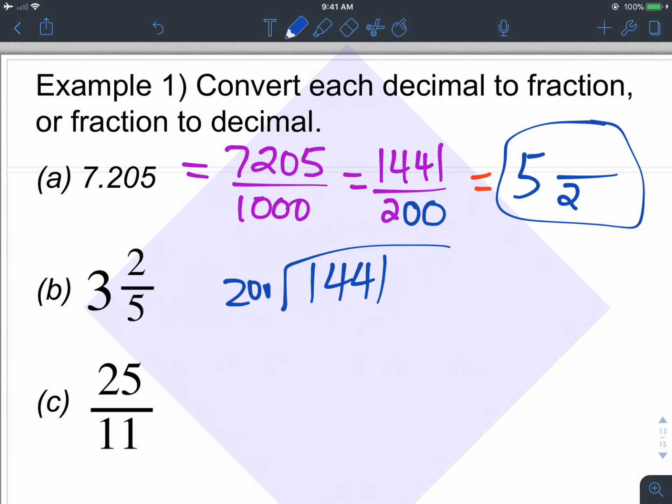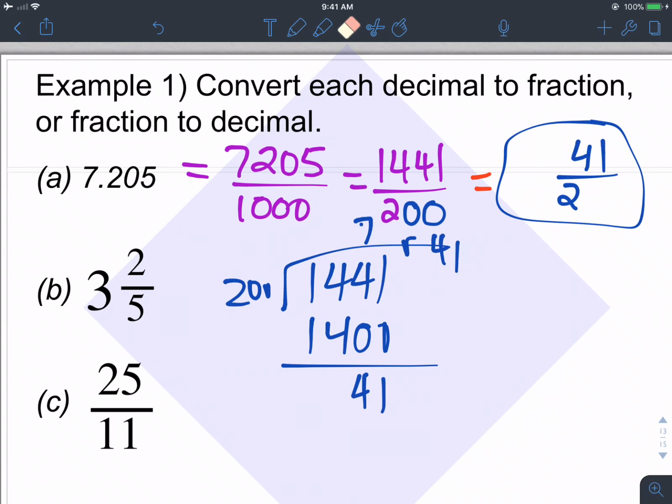Let's see. Remainder 41. All right, so it should be 41 over 200. It should be the same thing, right?